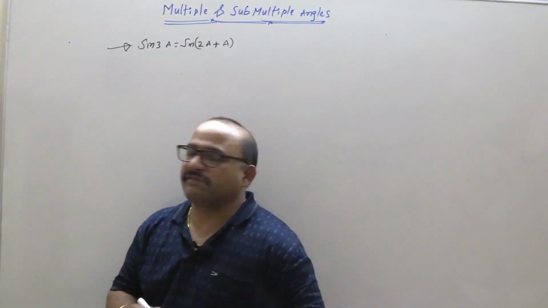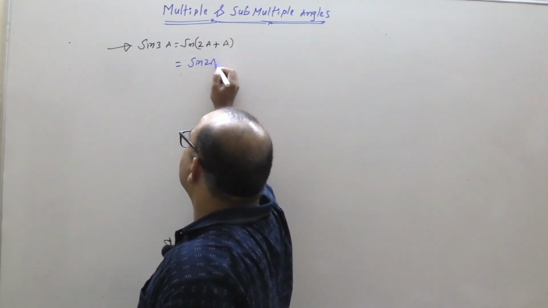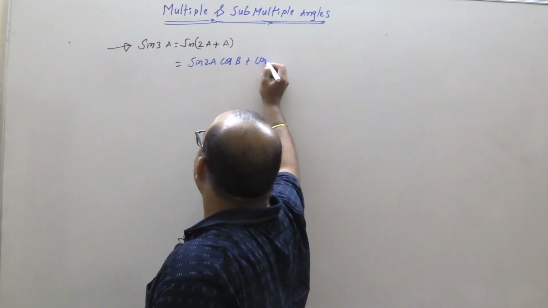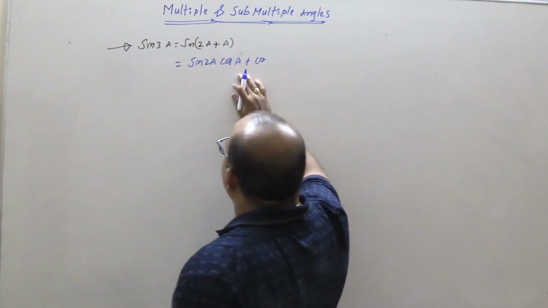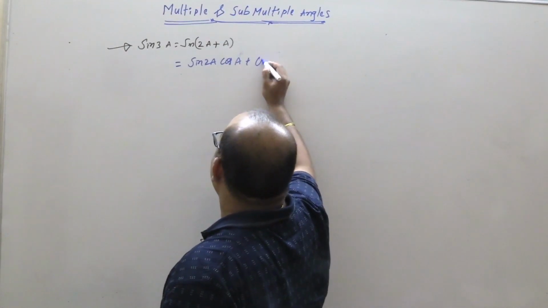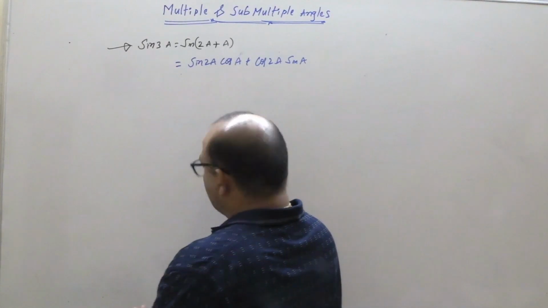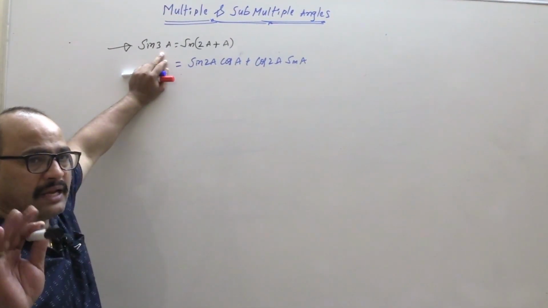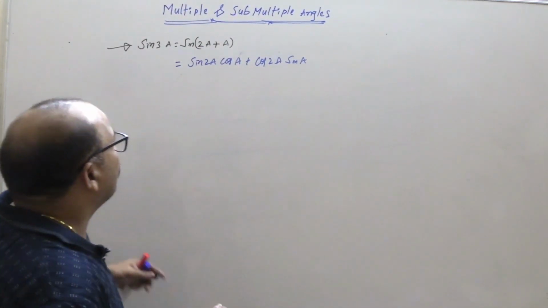Sin of A plus B formula: sin A cos B plus cos A sin B, with A in the place of B. Now I am going to explain the sin 3A formula exclusively in terms of sin, without the remaining functions involved.